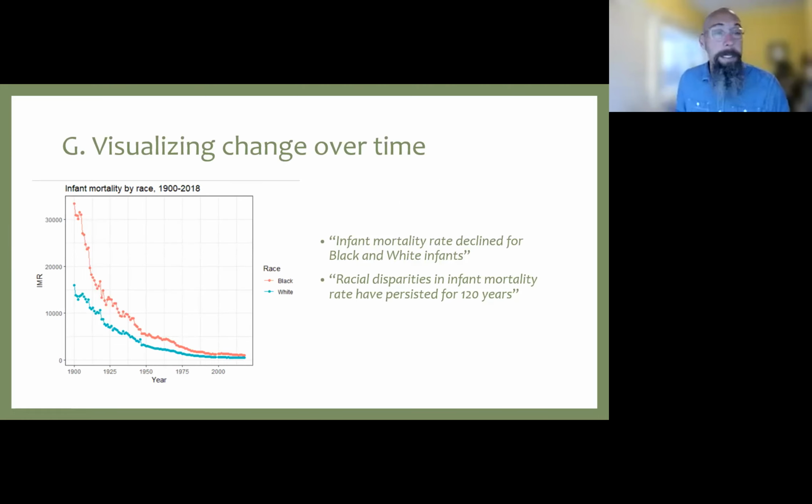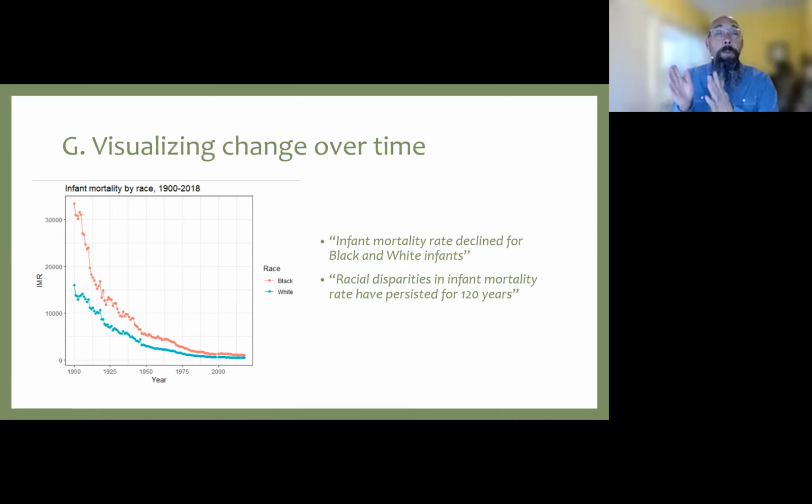And here actually is an example where we do. So this is the infant mortality rate by race in the 20th century. So although the value is measured for each year, in other words, it's aggregated up and reported as a single number per year, it is customary to connect the dots between years because we know time to be continuous.